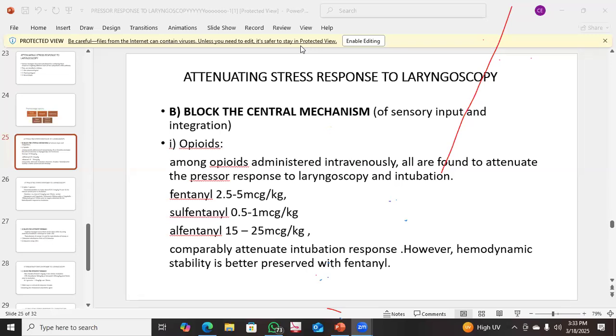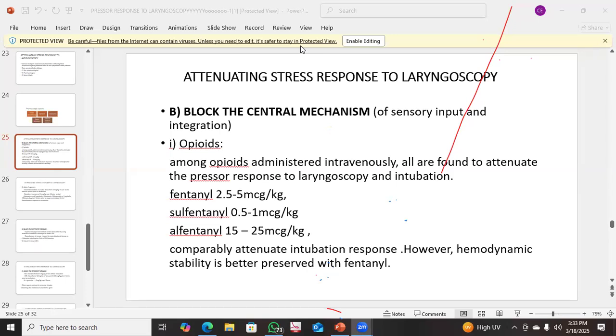The findings in this study show that esmolol and dexmedetomidine were the drugs most favorable for obtunding the pressor response to laryngoscopy and intubation. So those are the drugs that were compared to esmolol.